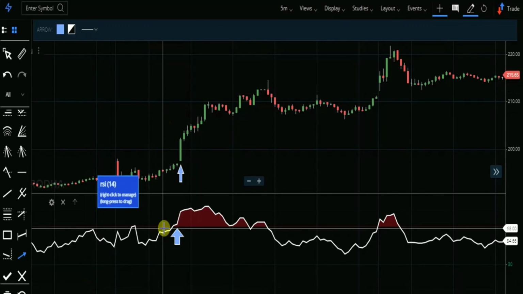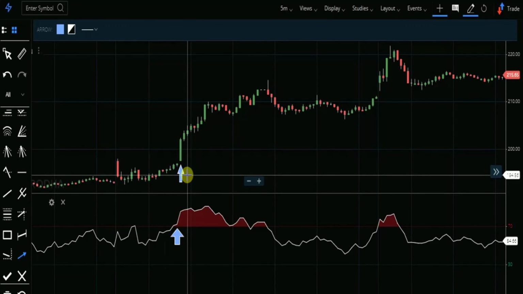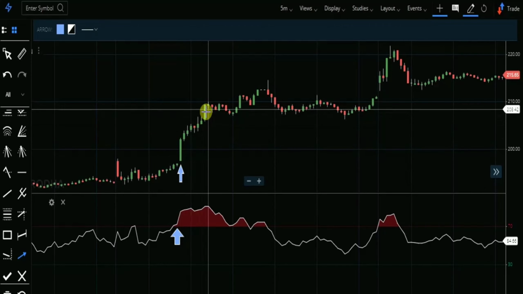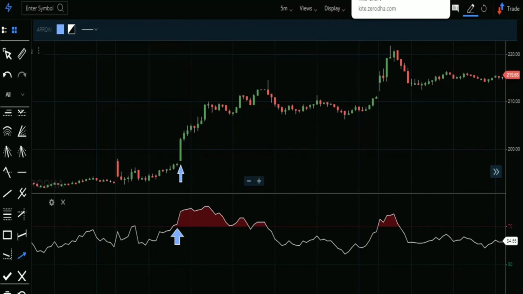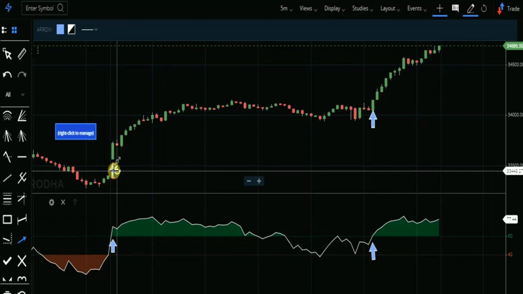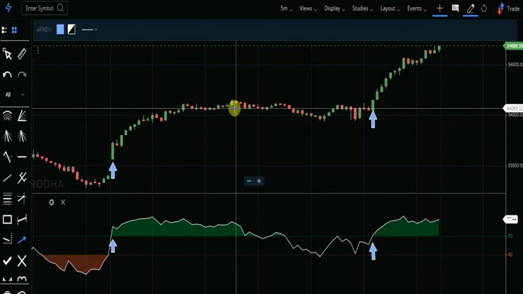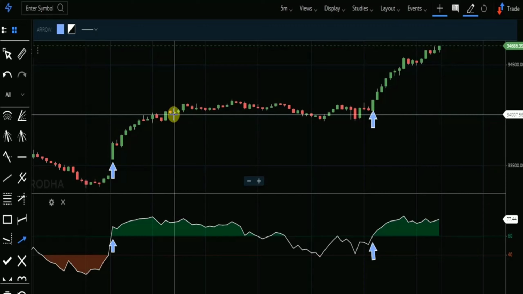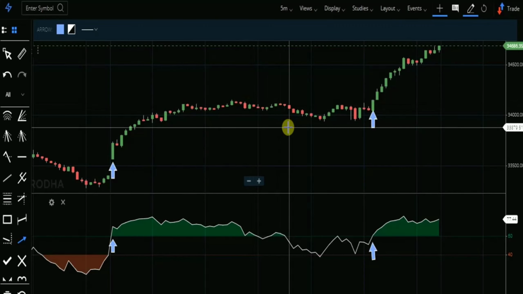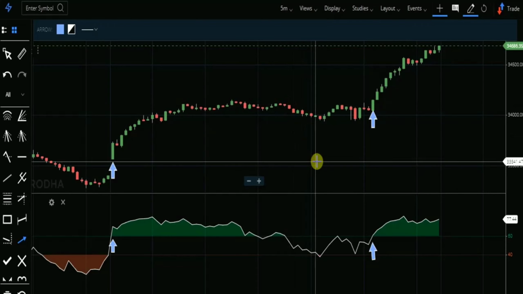Now here also you can see as soon as RSI went above 60, a strong bar came. So here you can capture the momentum in the price, and this is not a well-known range for most people, for beginners you can say, but as soon as it goes above, you will see the momentum in the price, and price goes above. So when RSI goes above 60, price will go above.